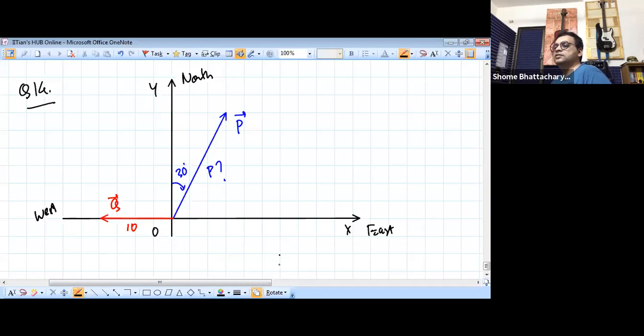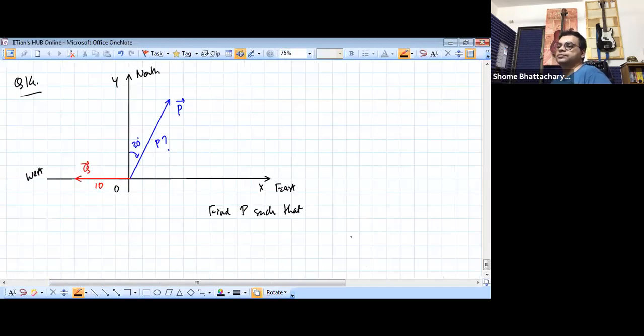We have to find the magnitude of that first vector P such that the resultant of P and Q, that is P plus Q, is pointing in the north direction.